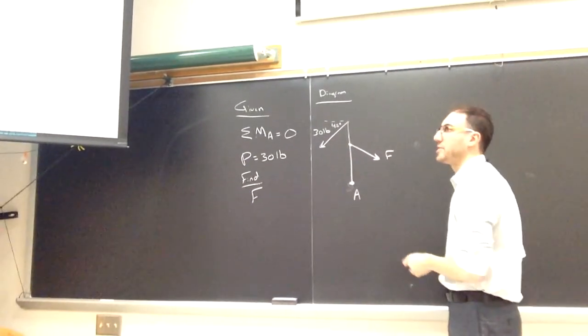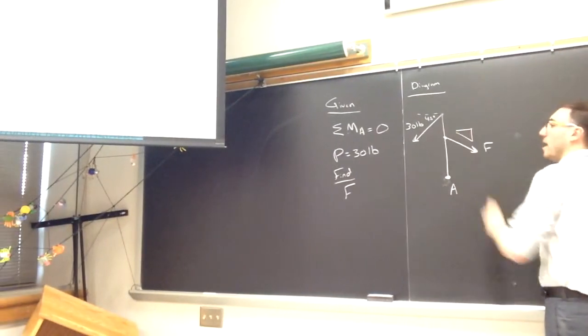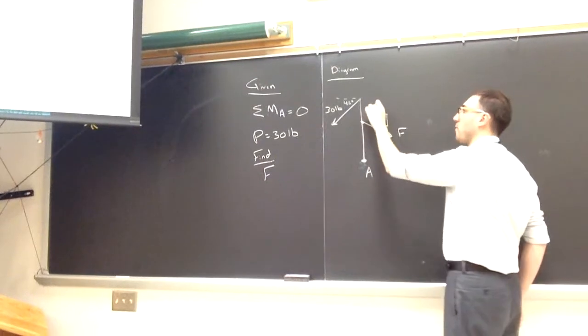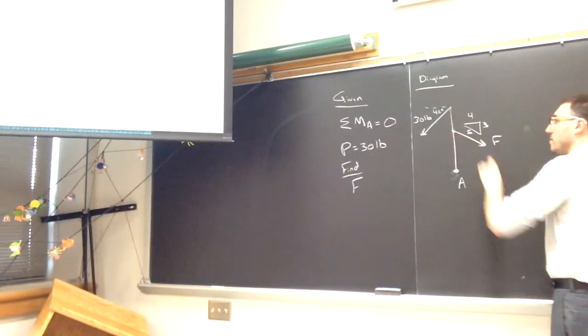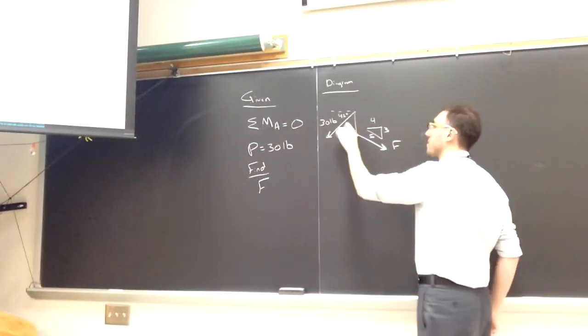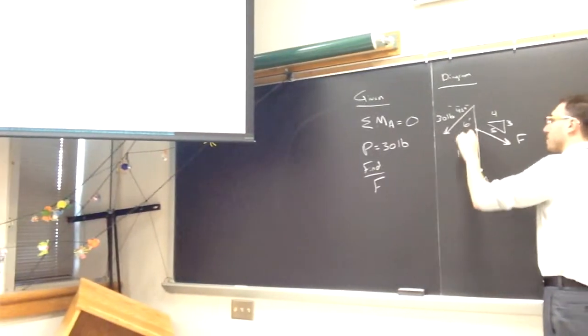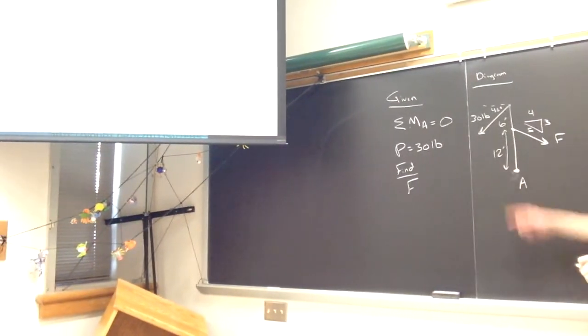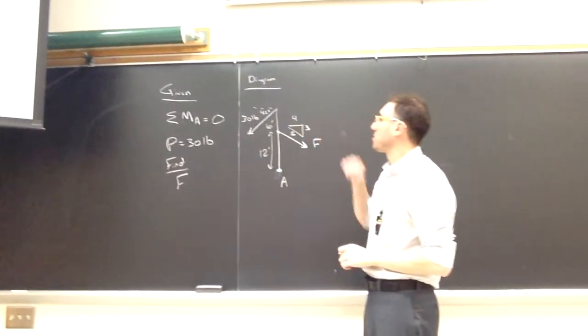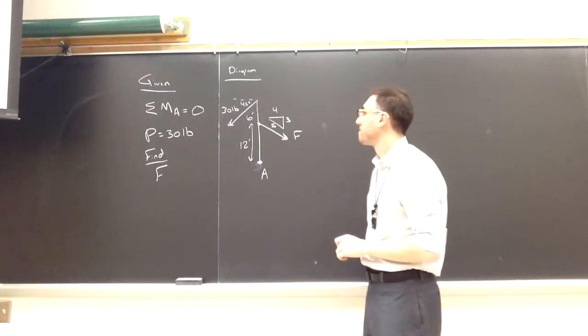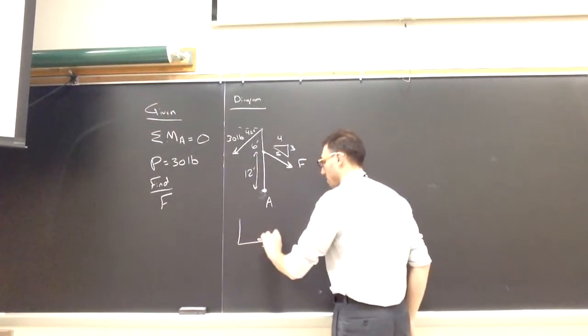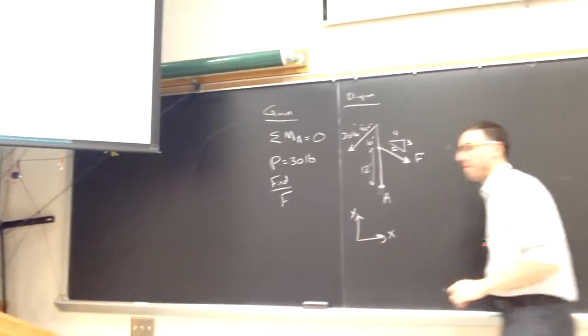We don't know what the magnitude is, but we do know that it follows this ratio triangle with 4 as the horizontal, 3 as the vertical. They're pulling 12 feet above A, and the other person is pulling 18 feet above A. And I have a coordinate system.